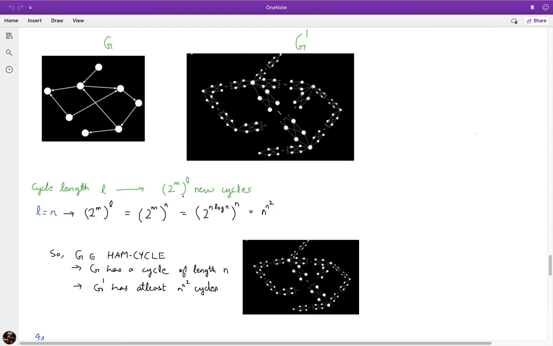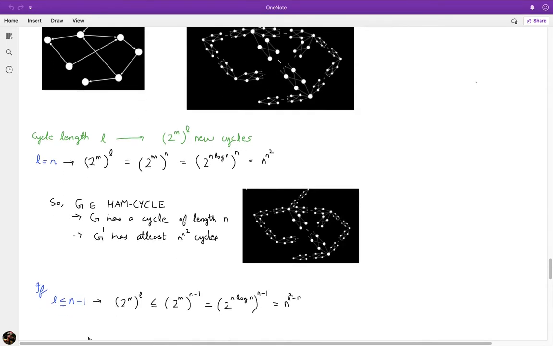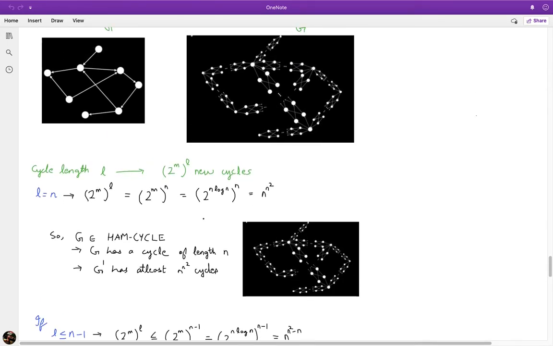Because it has L edges, it becomes 2 power m whole power L new cycles. Now let's consider if the graph has a cycle of length n, meaning it has a Hamiltonian cycle. In this case, the number of new cycles added would be 2 power m whole power n.